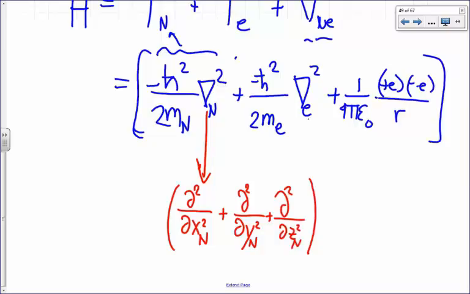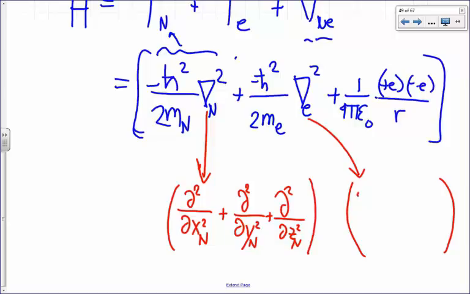Okay, so what's this del squared for the electron? It should be the same thing. So call it out.